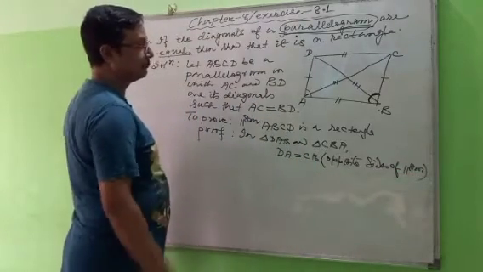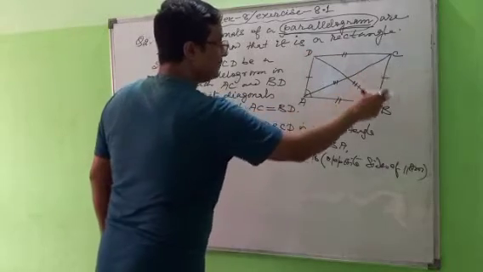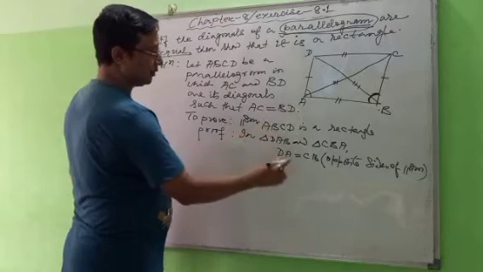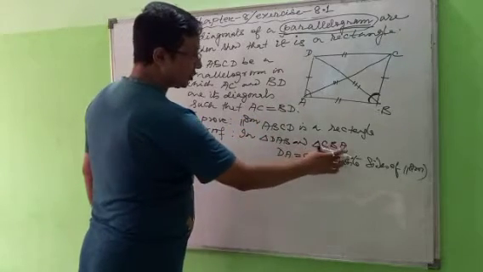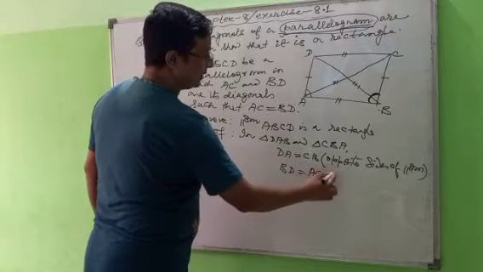Then next, in both the triangles, you have got AC equals BD. So BD equals AC. This one is given.